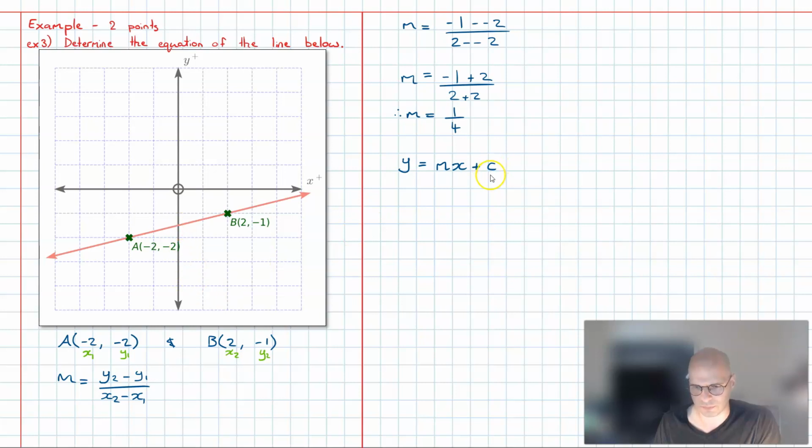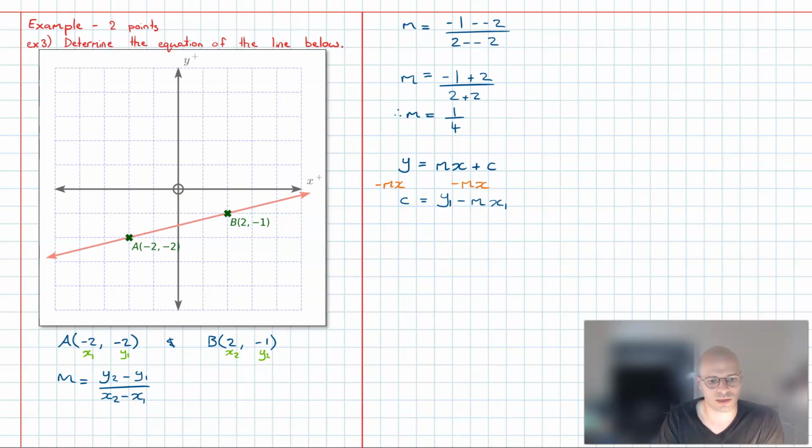Now to do this, I'm going to modify the formula, and I'll say minus mx and minus mx, so we take it from both sides. So my formula is going to become C equals y take mx. And in this instance, I don't want to work with a general y or a general x, rather I'm going to work with y1, x1.